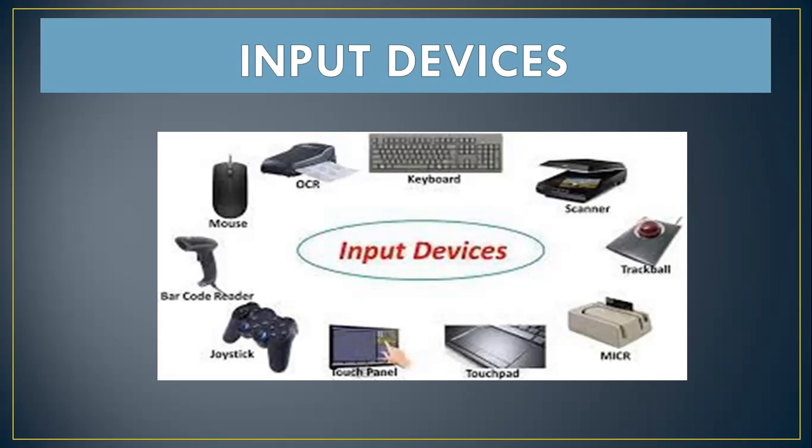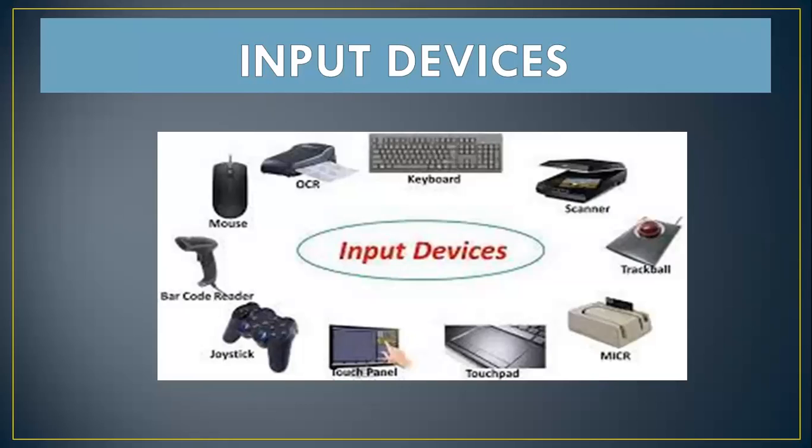The scanner takes the information from us and submits it to the computer. The mouse helps us to point, and the keyboard helps us to type questions, sentences, words, alphabets. The microphone helps us send our voice to the computer. Like in my laptop, there is a microphone and from there you can hear my voice.